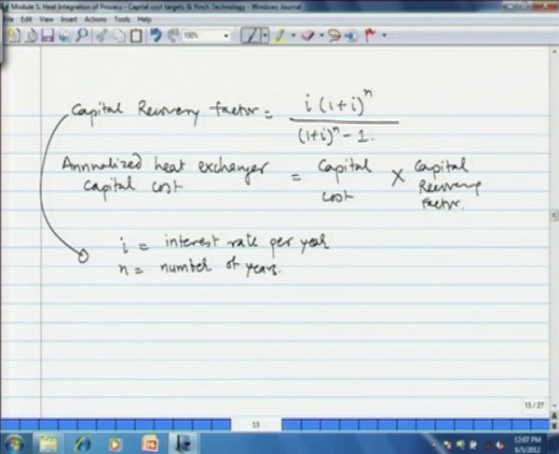It has to be done using a capital recovery factor, which is given as i into (1 plus i) to the power n divided by (1 plus i) to the power n minus 1, where i is the interest rate per year and n is the number of years. So, the annualized heat exchanger capital cost is the capital cost into the capital recovery factor.